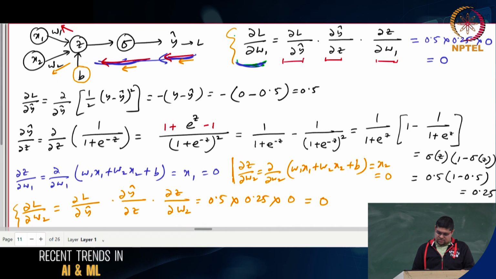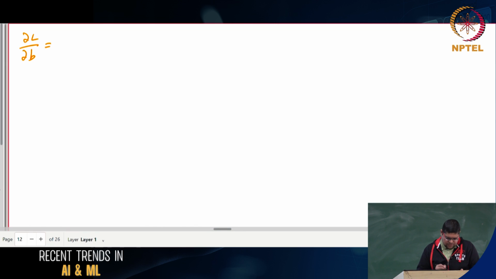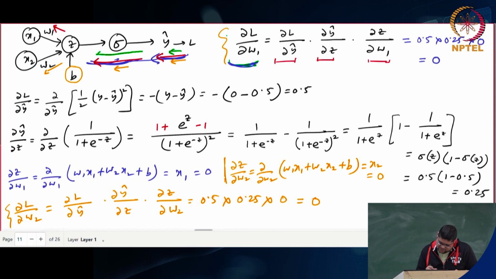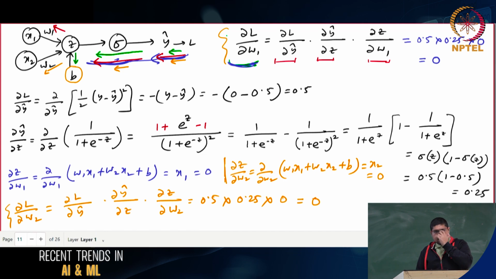So now calculate this one. Del L by del B, what will it be? Anyone? That means the path will now be this one, and this one. Suppose you are taking hundreds of learning parameters, then individually we have to calculate del L by del Wi.